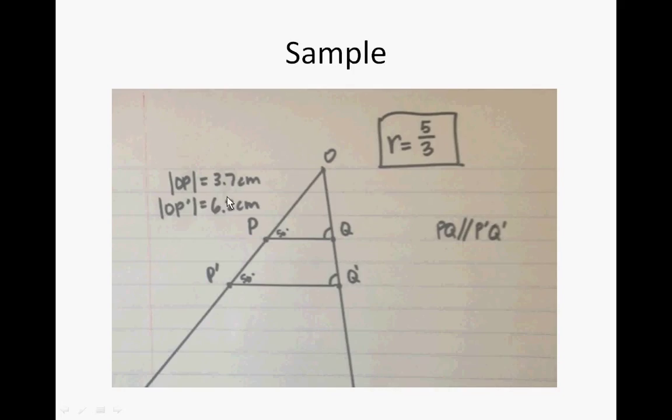Then you're going to start measuring your lengths, rounding and using decimals. 3.7 is 3 centimeters 7 millimeters, but we're going to keep it in centimeters. As you write these down, you should compare them. If I did 6.2 divided by 3.7, I should get the same scale factor of 5 to 3.